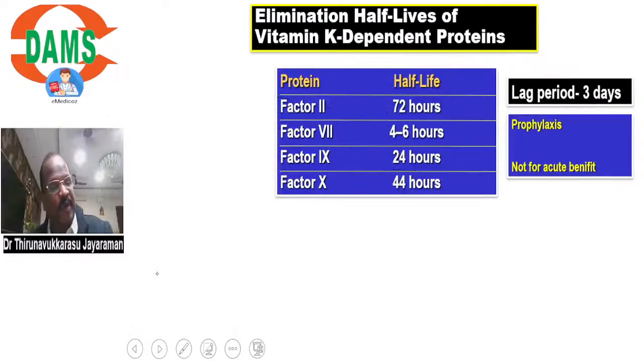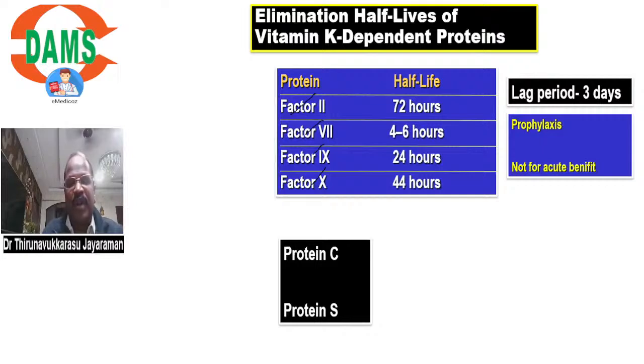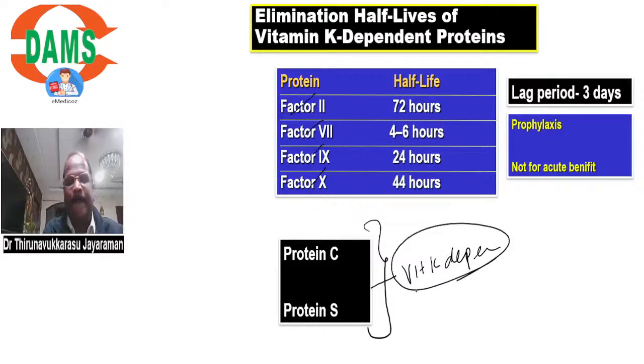Now the question to all people, come on. Warfarin, in addition to inhibiting 2, 7, 9, 10, can you name some other factors which also depend upon vitamin K? Not only 2, 7, 9, 10, even protein C and protein S are also vitamin K dependent proteins.